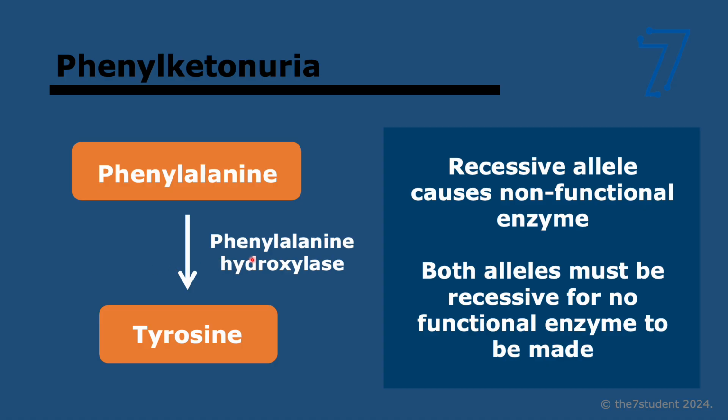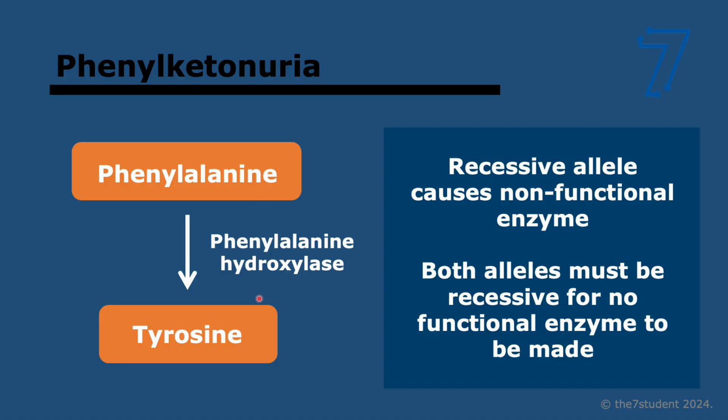The gene we're looking at codes for phenylalanine hydroxylase, which is an enzyme that converts phenylalanine to tyrosine. So if one allele is dysfunctional, it's fine, because we still can produce some phenylalanine hydroxylase, so we're good. But when both alleles are mutated, meaning the non-functional one, we don't produce any enzyme that works, right?